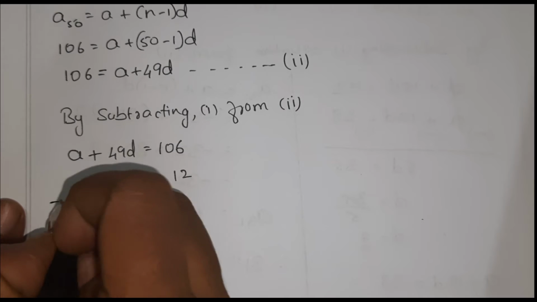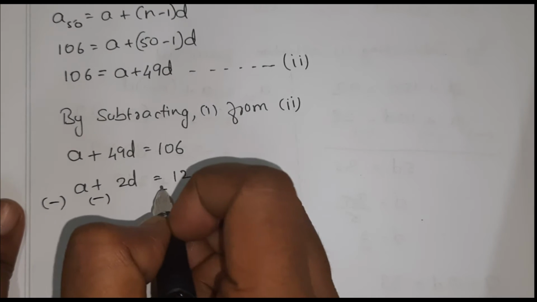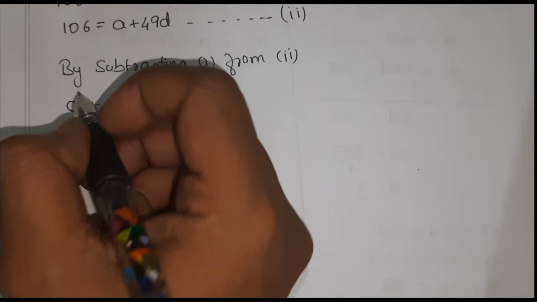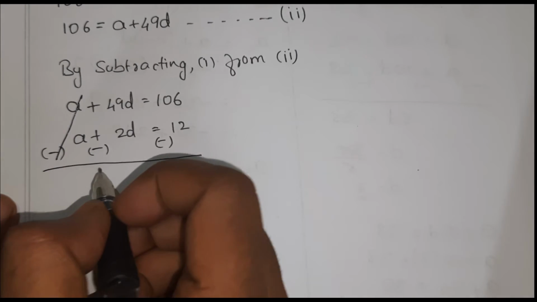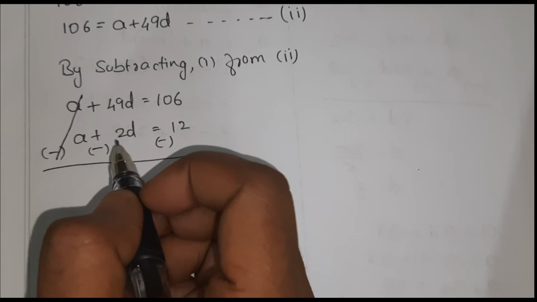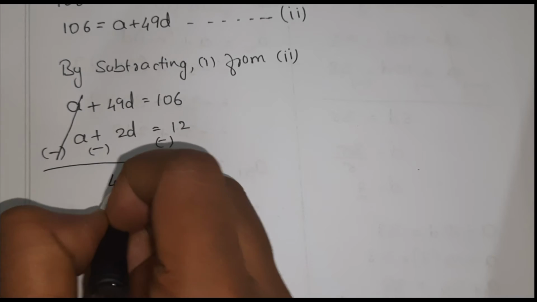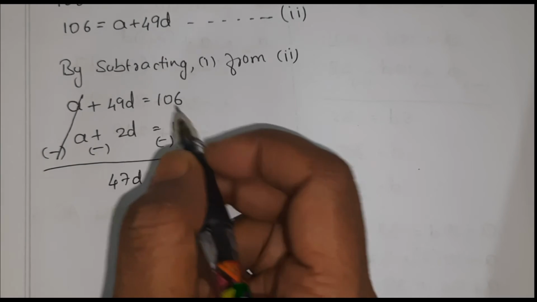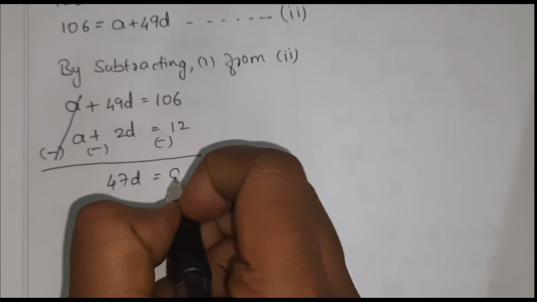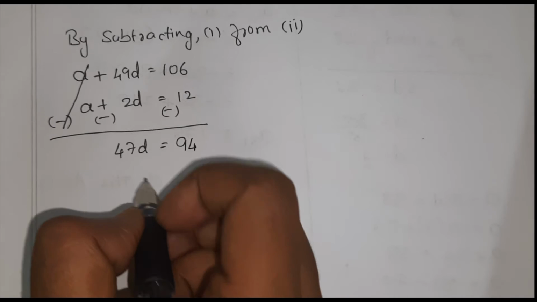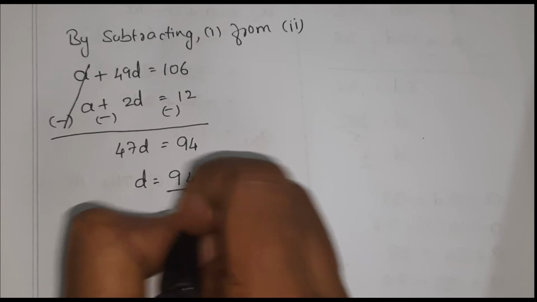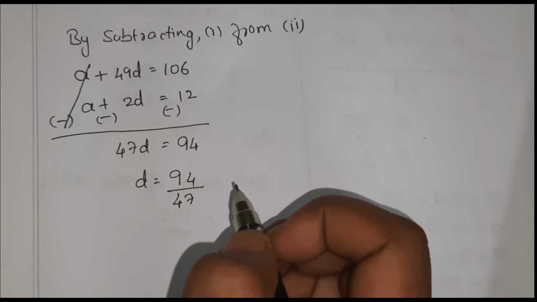While subtracting, we change all signs to minus form. Plus A and minus A get cancelled. 49D minus 2D will be 47D. 106 minus 12, it is 94. So D is 94 by 47.